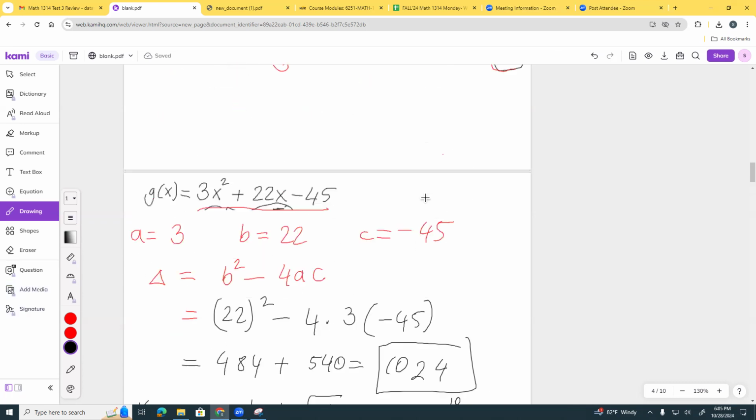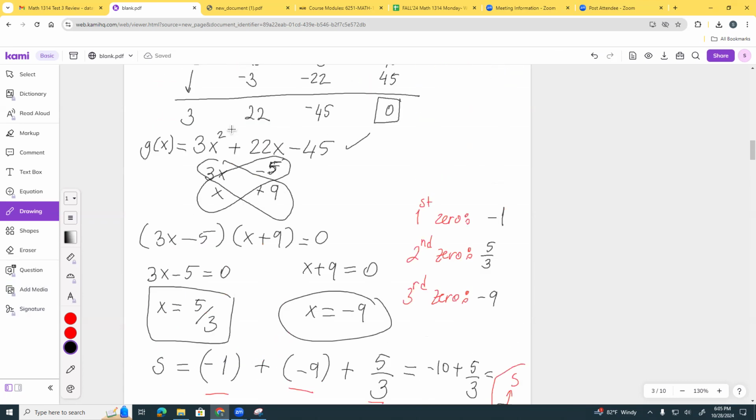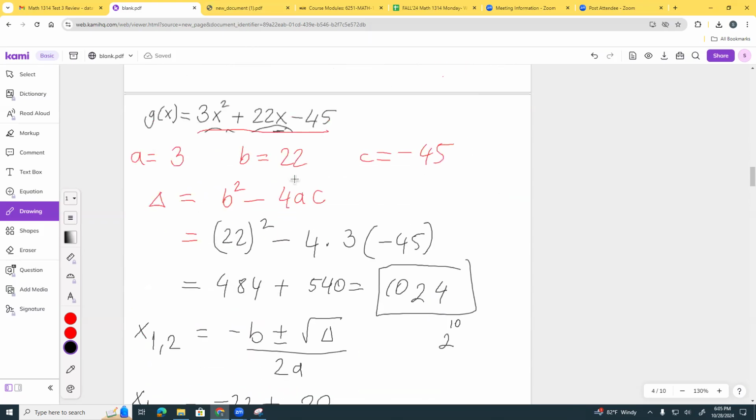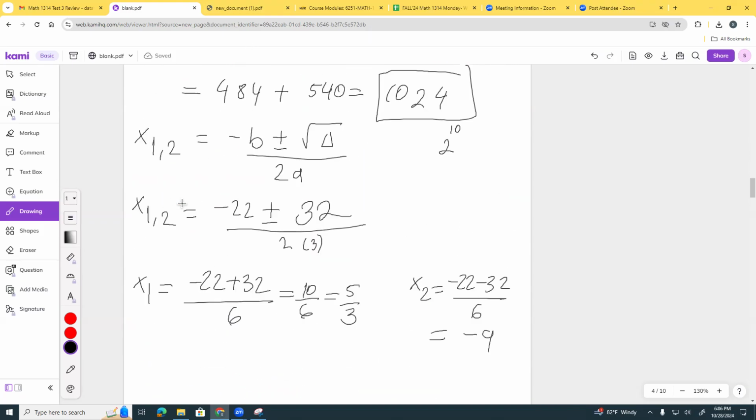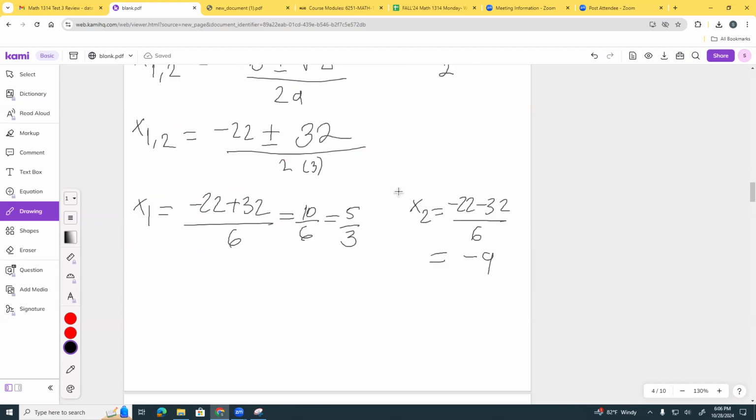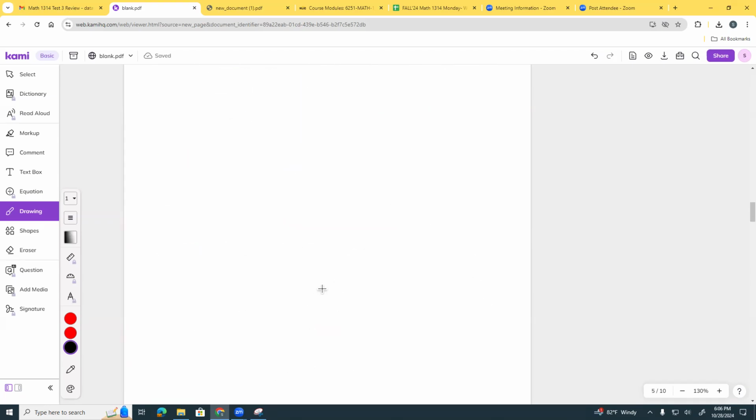Remember, if there was no number in front of the x squared, you don't have to do all this. If the question looks like this, you don't need the butterfly method because there is no number in front of x squared. All you look at is the last number. You say, okay, this is 3 times 4. 3 times 4 is 12.